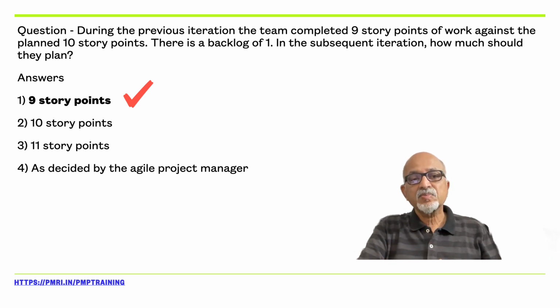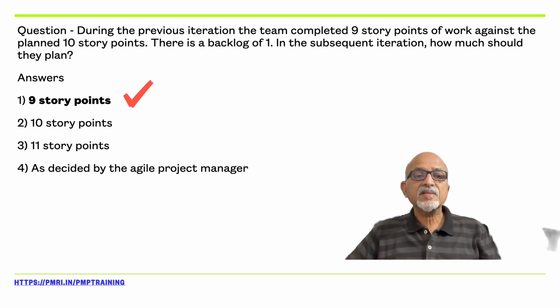So in the current sprint, if their velocity is 9, next sprint, they'll plan only 9. Then the next sprint, if they can complete 12, then in the subsequent sprint, we'll plan for 12. So gradually, the productivity improves, and that is the essence of Scrum. So for this question, the correct answer is 9.